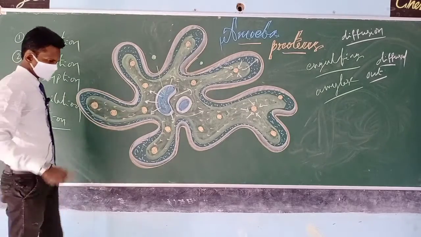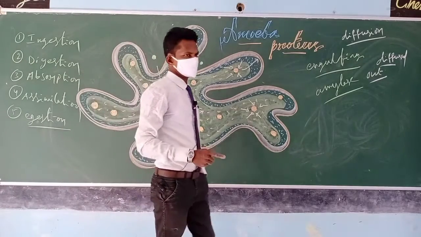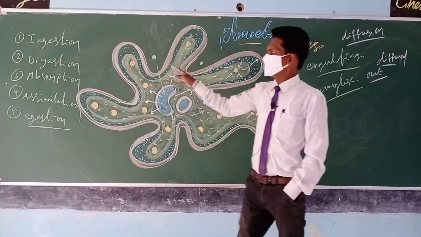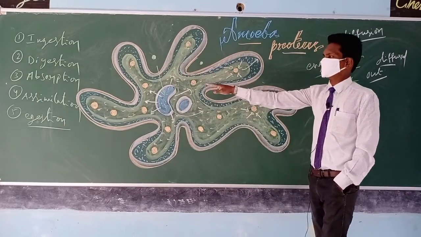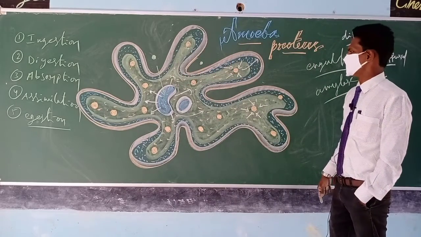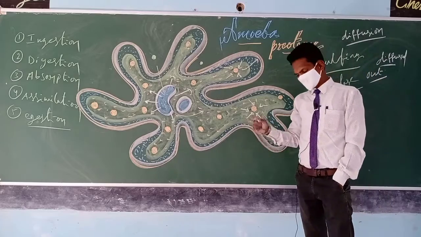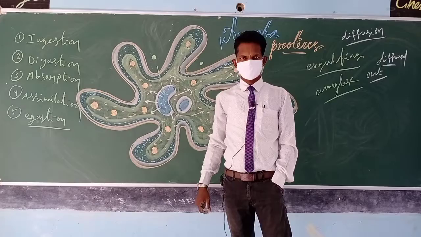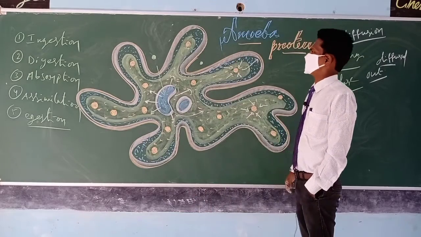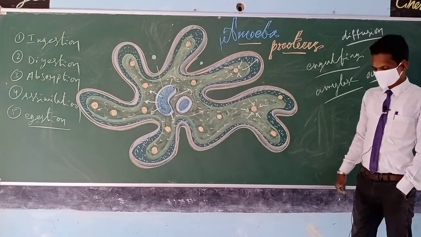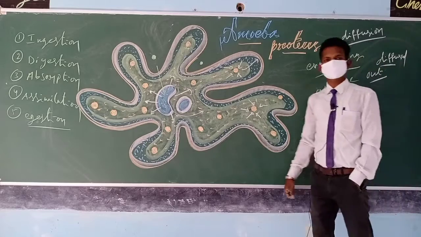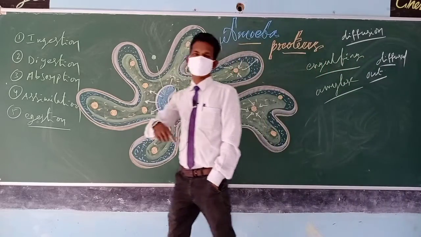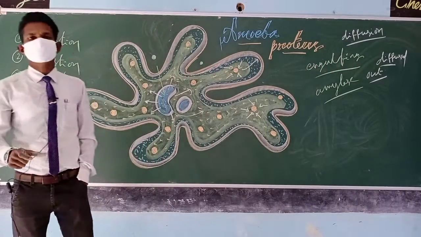In this way, amoeba performs its nutrition. First step, ingestion. Second, digestion. Third, absorption, then assimilation, and last one, egestion. Not only amoeba but also paramecium, euglena, vorticella, different types of organisms may perform this holozoic nutrition. Especially coming to multicellular organisms, our human body performs holozoic nutrition.